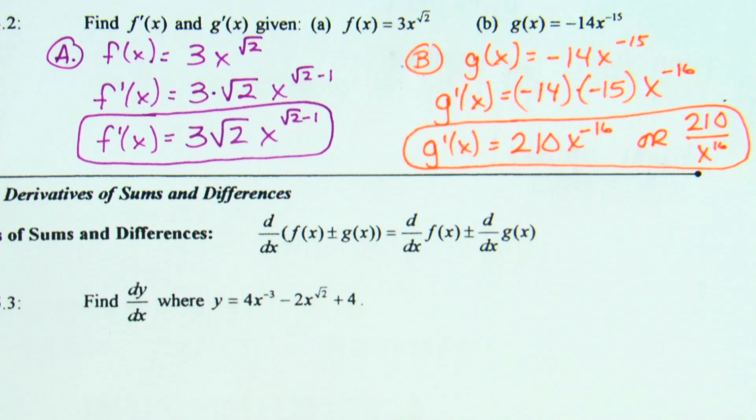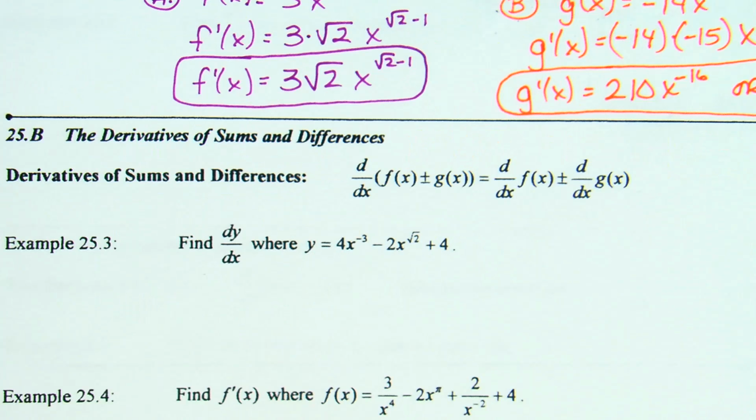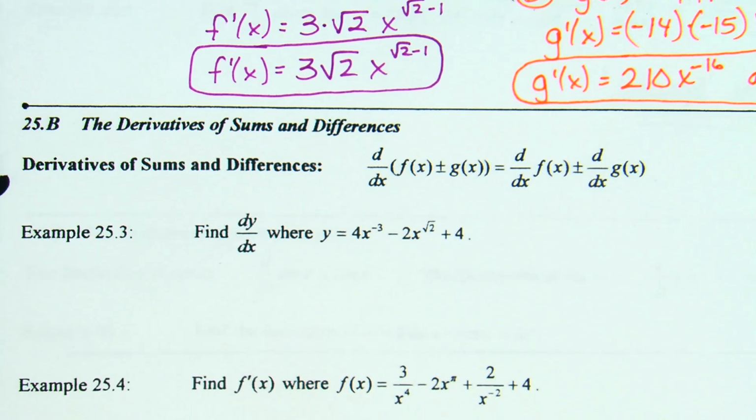Okay. Example B, we're looking at example 3, 4, and 5 here. This section of the lesson is derivatives of sums and differences. So if you have multiple terms added or subtracted, similar to what we just saw, if we had A and B from above added, how would you do the derivative?